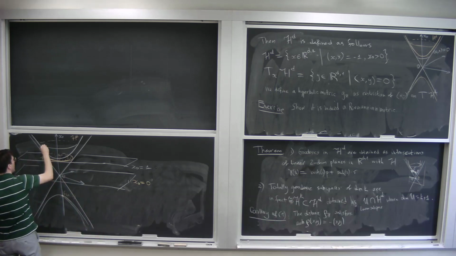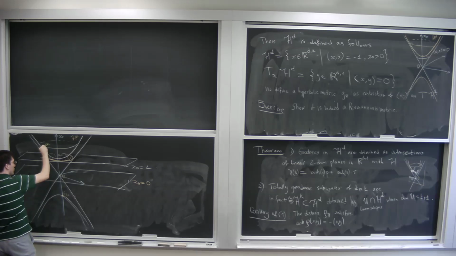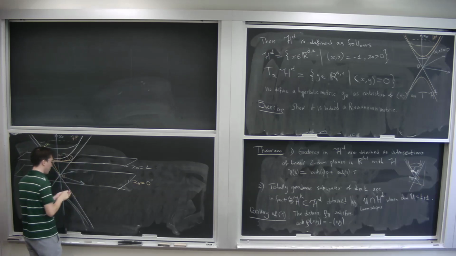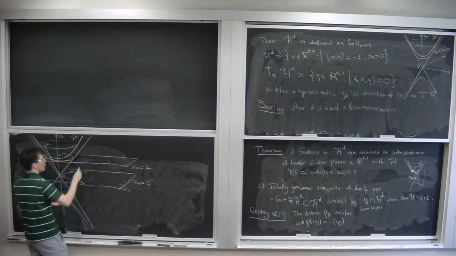So I take any point x from the hyperboloid, I draw a ray starting at the origin and passing through x. Then I take the intersection of this line with the hyperplane x0 equals 1.